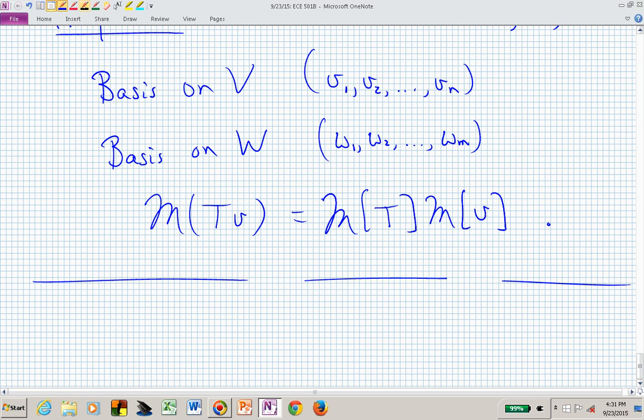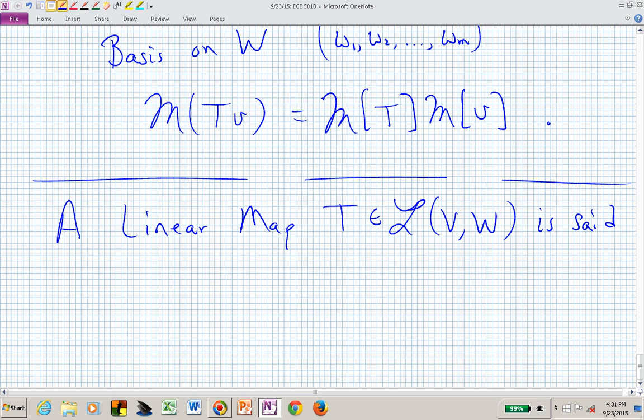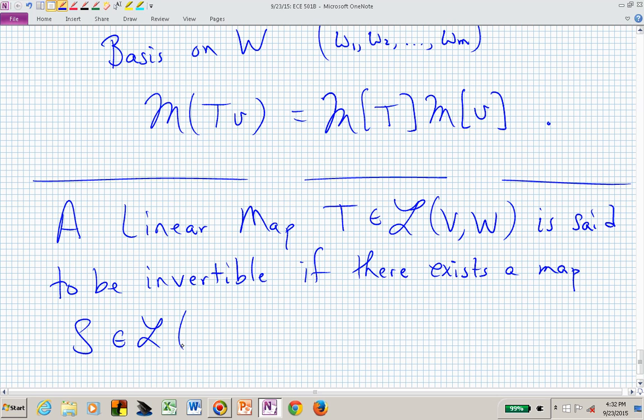Now, let's talk about another topic, which is a linear map, again, T from V to W is said to be invertible if there exists a map, let's say S, and what's the domain of S if it's going to be the inversion of the linear map T?